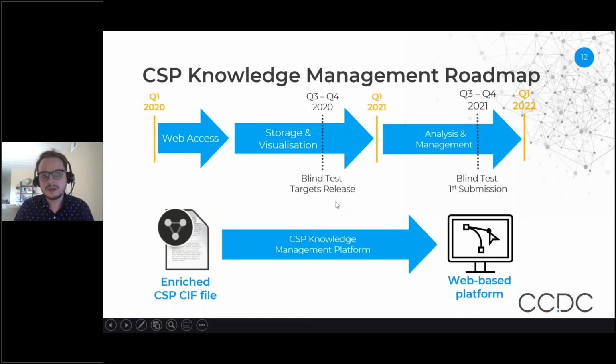So the blind test I'll discuss in a moment, but just keep in mind that by late Q3, keep an eye out for these to be released. And then going into 2021 to 2022, we plan on rolling out some of our analysis and management solutions for crystal structure prediction. And also in that time period, near the end of 2021, we plan on having the first submission back to the blind test.